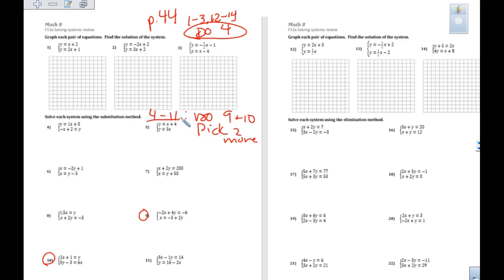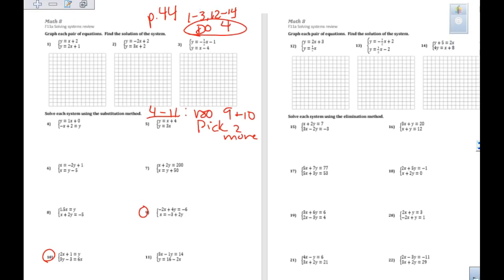So 4 to 11, make sure you do 9 and 10, circle those 2, and then you can choose 2 more. And then over here from 15 to 22, you need to pick 4. Okay? So this is due on Wednesday when you come in.